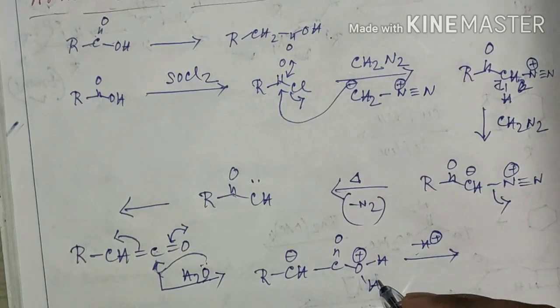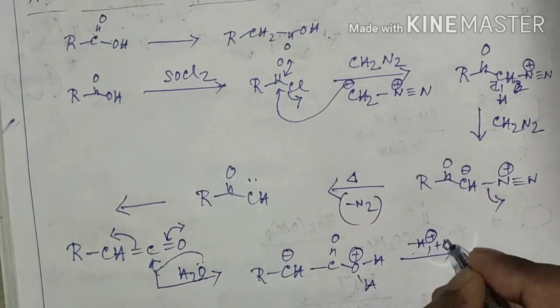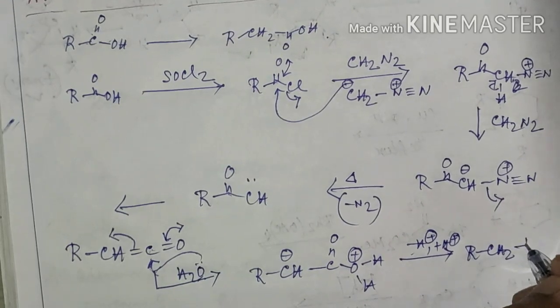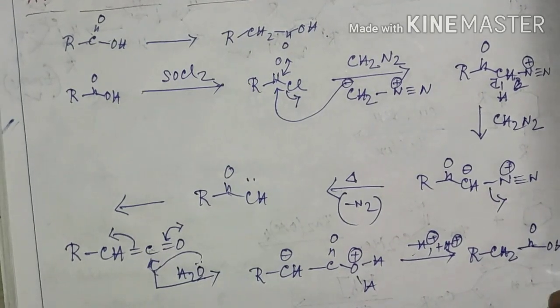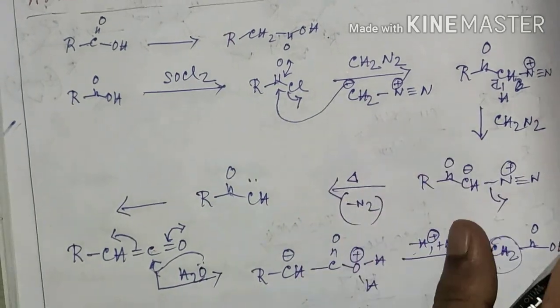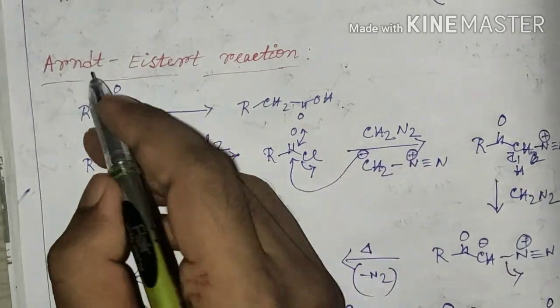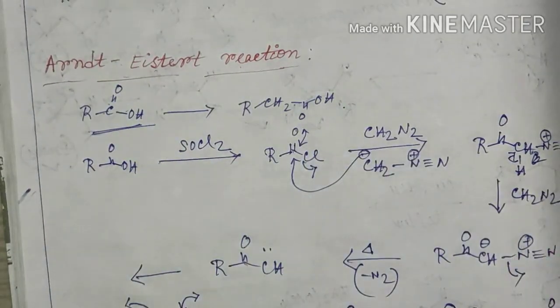This anion will abstract H plus from here and will form the corresponding homologous carboxylic acid, that is one carbon greater than the starting carboxylic acid. This reaction is known as the Arndt-Eistert reaction.